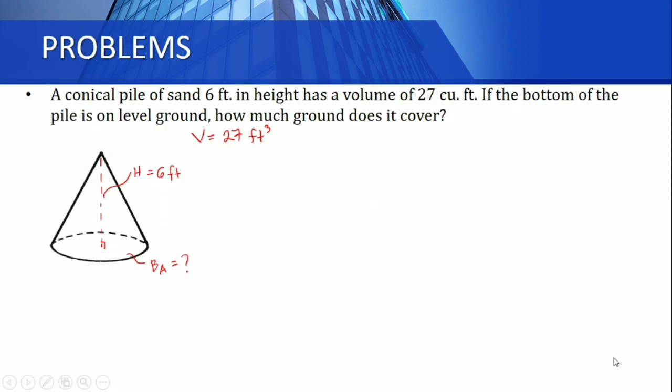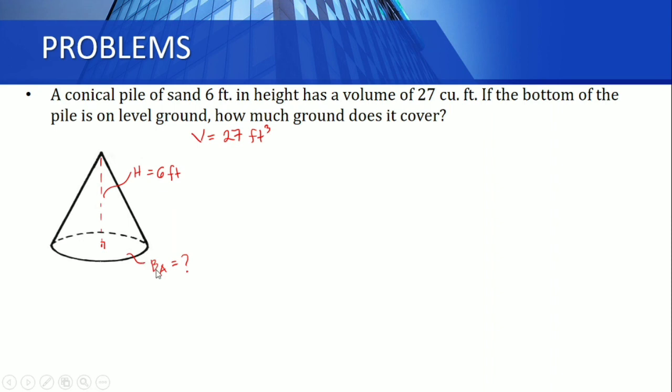So next problem. A conical pile of sand 6 feet in height has a volume of 27 cubic feet. If the bottom of the pile is on level ground, how much ground does it cover? So yung hinahanap natin dito, how much ground does it cover? Yung area ng ating base.